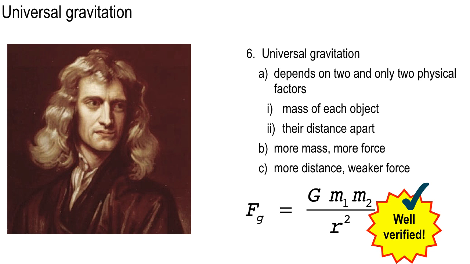The big G is called Newton's constant, or the gravitational constant, and it is a constant of proportionality. Or you could call it a conversion factor. Here's how you can think about that. This side over here is a force, so a force has to be kilogram meter per second squared.